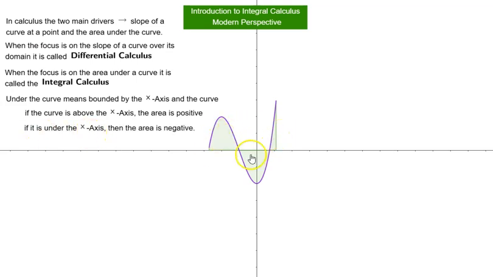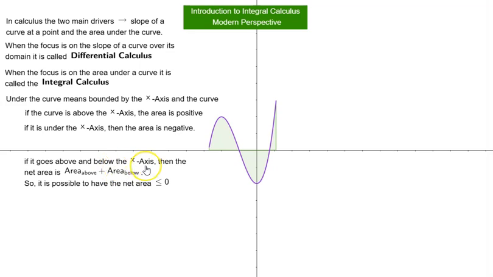If it is under the x-axis, the area is negative. If it goes above and below the x-axis, then the net area is area above plus area below. So basically we sum up this. But remember, when we are summing up, these two are positive, this is negative, which means it is possible to have the net area less than or equal to 0.